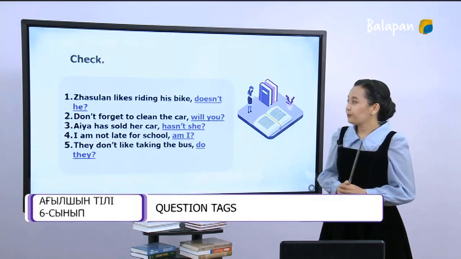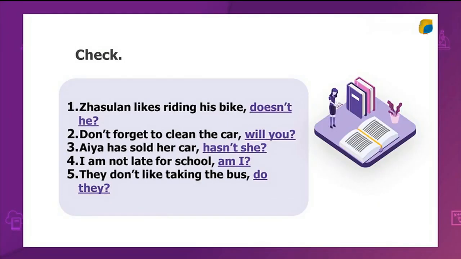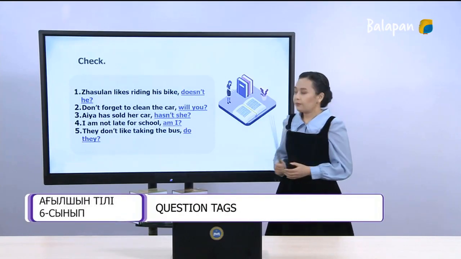Number 1. Rasulan likes riding his bike, doesn't he? Number 2. Don't forget to clean the car, will you? Number 3. Aya has sold her car, hasn't she? Number 4. I am not late for school, am I? Number 5. They don't like taking the bus, do they? Nice job, students.